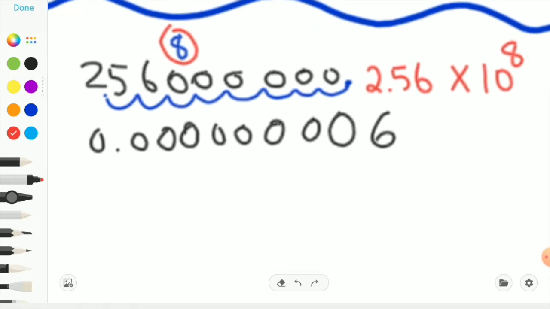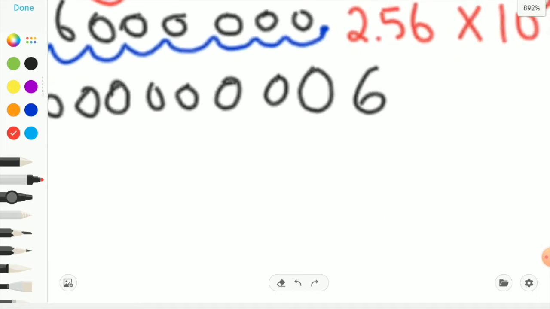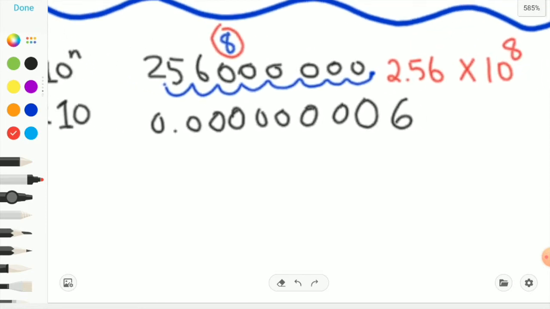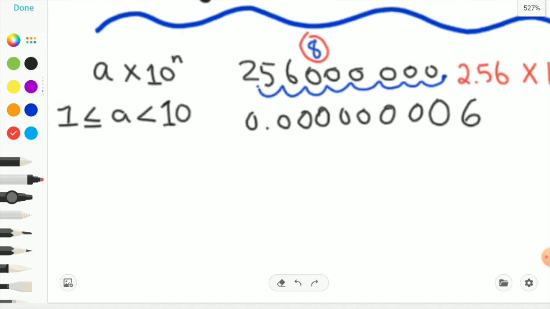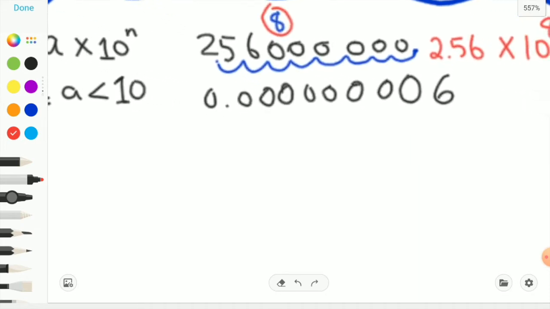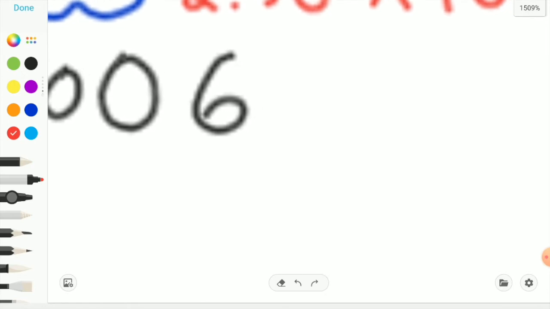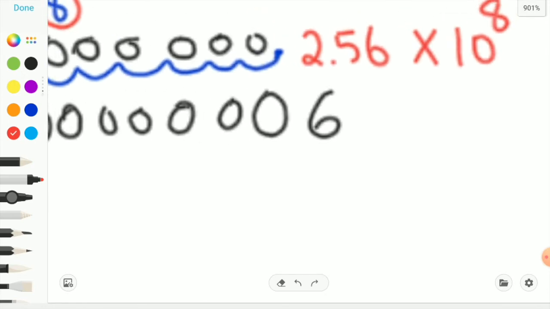Okay, and then we're going to do the small one. I'm going to show this a different way. I'm going to work backwards. You can work either way. What your a value is going to be is, you want your number to be greater than 1 but less than 10.